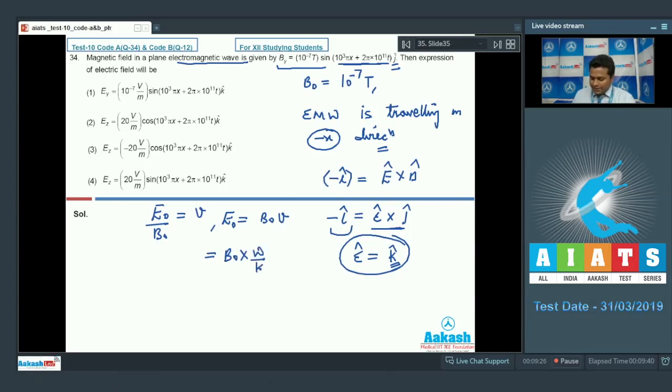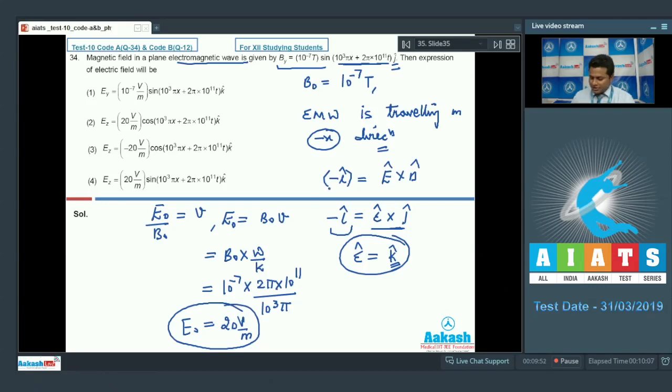Speed will be omega by k. After looking at the equation, you can write omega as well as k. Now putting the values, B naught, that is 10 to the power minus 7, into omega, that is 2 pi into 10 to the power 11, divided by k, that is 10 to the power 3 times pi. After solving, we will get the value of E naught as 20 volt per meter.